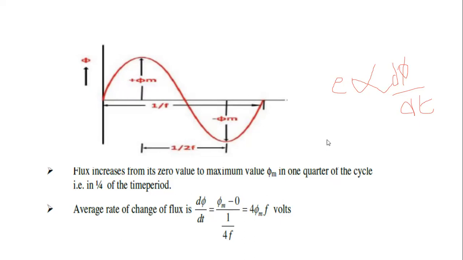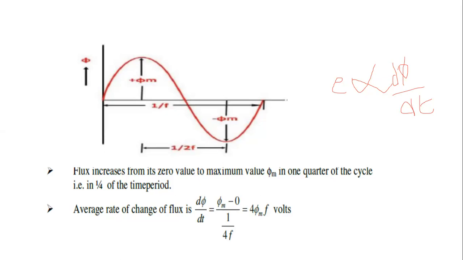This is the positive half cycle and this is the negative half cycle. The maximum flux is produced in 1/4 of the total time period.